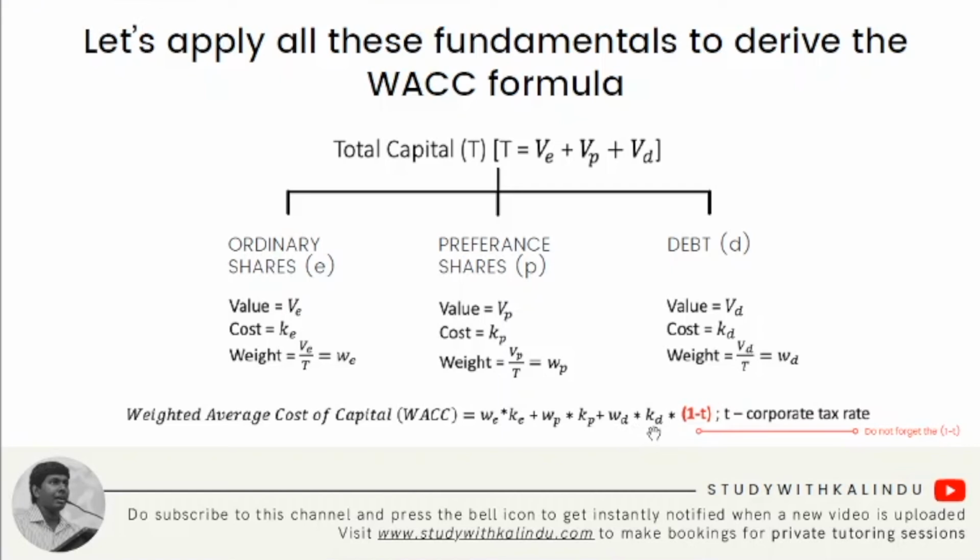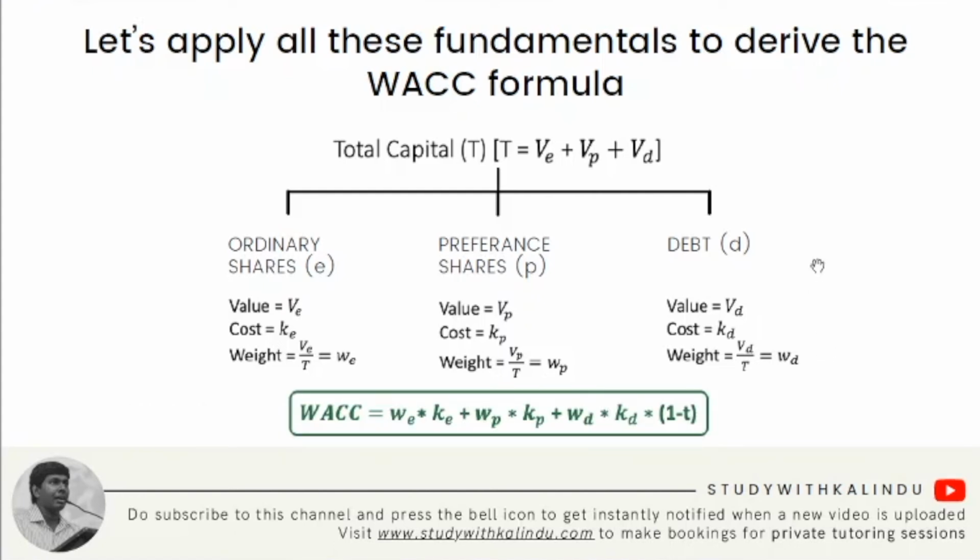However, it's not just KD that you put into the formula. You multiply the KD by 1 minus the tax rate, because interest is tax deductible. This is how we bring in the example that we just looked at, with respect to interest being tax deductible, into the formula. So as a result, we have WACC equals WE KE plus WP KP plus WD KD into (1 minus T).